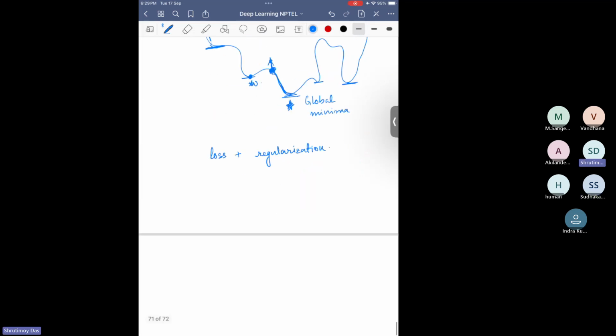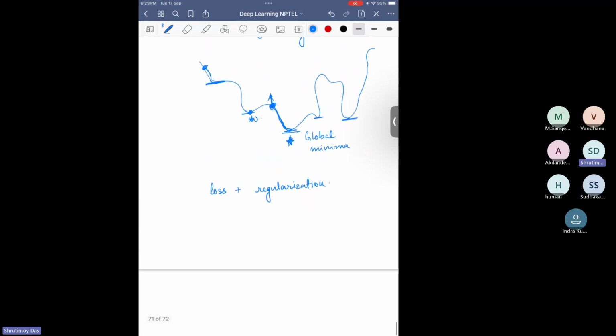If you remember, for the main loss, your loss curve was something like this, and your regularization curve was something like this. My drawings are not smooth, but get the idea, something like this.